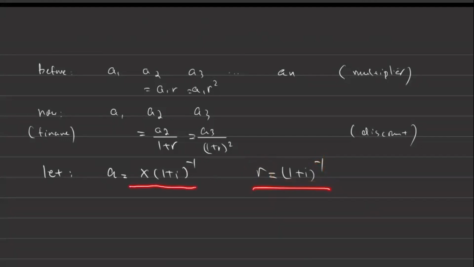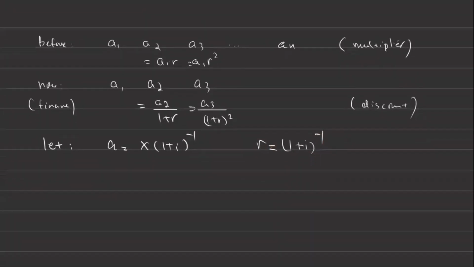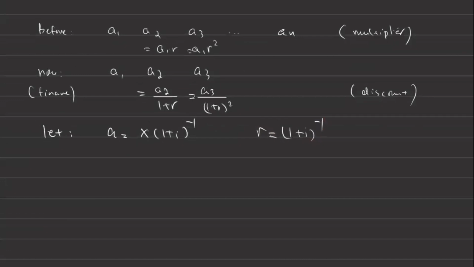Now, after we make these two changes of variables, we can put all of these back in the formula, and then let's try to simplify it. So what is the formula that we derived above? The sum of a geometric series, Sn equals A times (1 minus R^n) over (1 minus R).